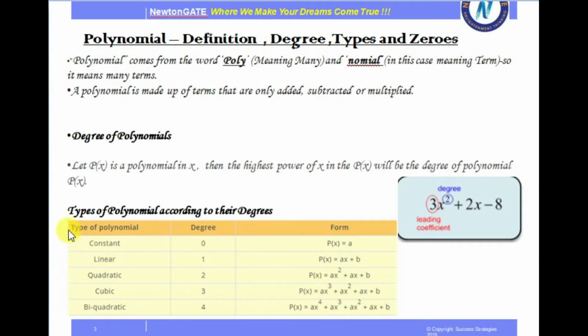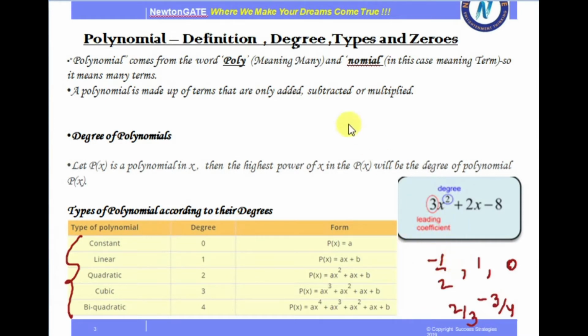Now, on the basis of degree, polynomials can be divided into 5 types. The first is constant, that is all the numbers like minus 1 by 2, 1, 0, minus 3 by 4, 2 by 3. These also are polynomials, but they are just constants.